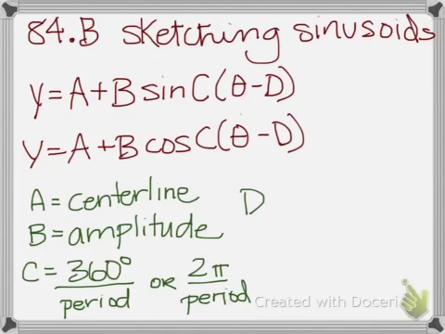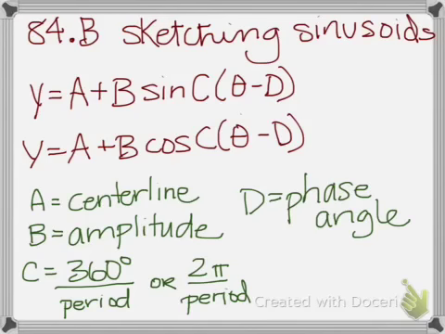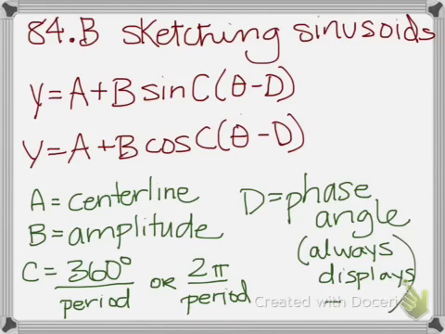Okay, D is the important part today, and D is your phase angle, and that's what we're going to spend some time with today. The phase angle is always going to be subtracted from theta, so if it looks like it's a negative, it's actually positive. If it says plus D, then it's going to be a negative angle.